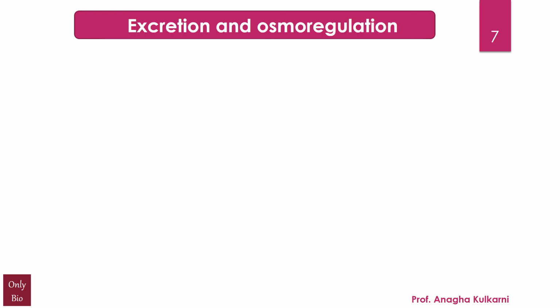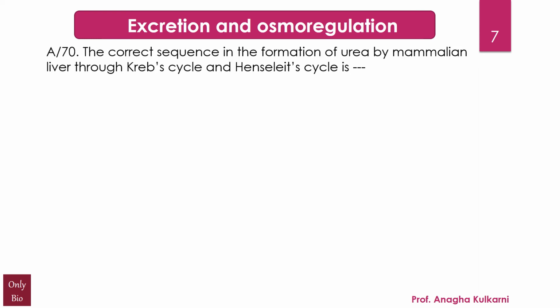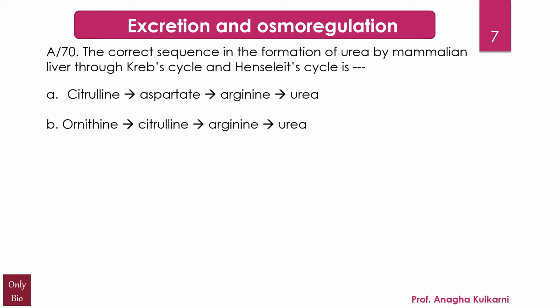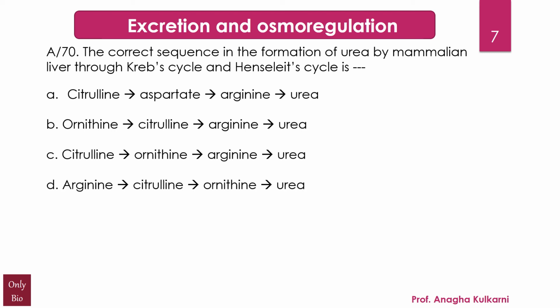The next question relates to the chapter excretion and osmoregulation, and the question is, the correct sequence in the formation of urea by mammalian liver through Krebs-Henseleit cycle is, and the options are A. citrulline resulting in formation of aspartate resulting in arginine to urea, B. ornithine forming citrulline forming arginine forming urea, C. citrulline forming ornithine forming arginine forming urea, and D. arginine resulting in the formation of citrulline to ornithine to urea.